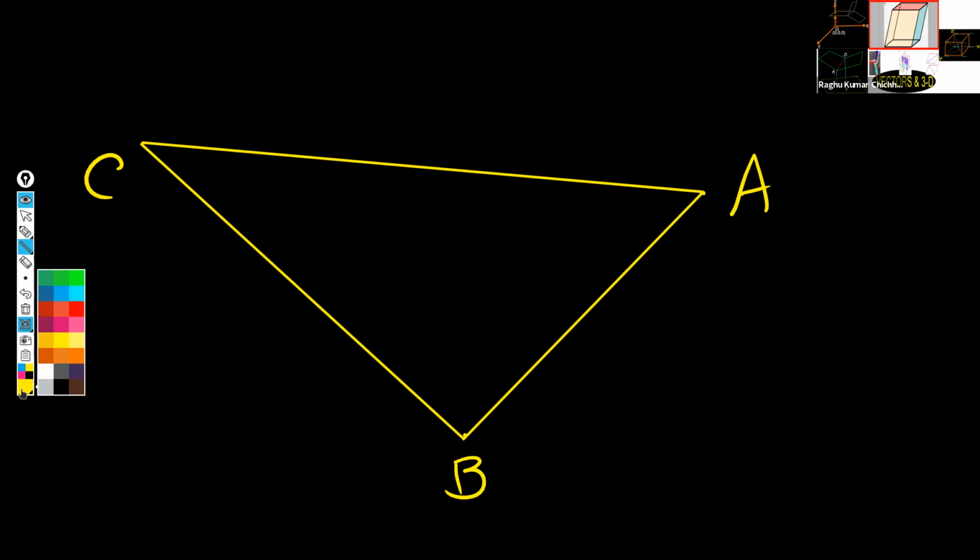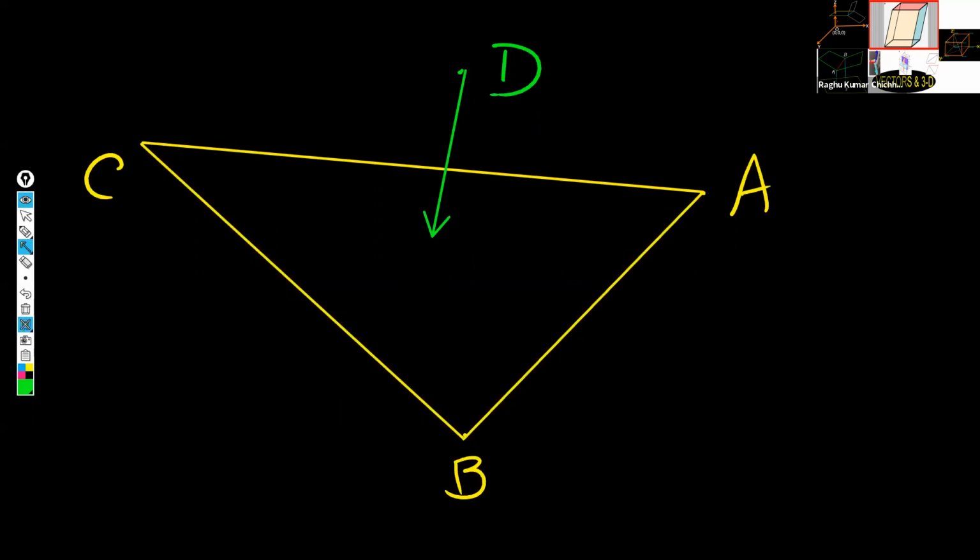If you take any other point D now, and if this point D is lying on this plane formed by ABC, then we call these 4 points coplanar. If D is not lying on this plane, then we call it non-coplanar. Then how do we proceed?